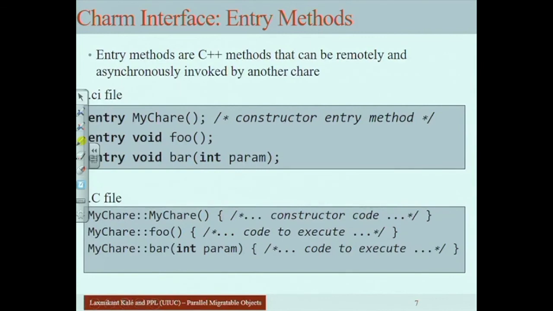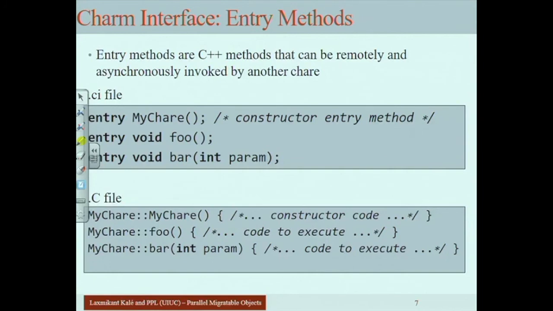Why is that? Based on what we said about the language, there is a reason why those return values are void that you can guess or talk about. Anyone? Yeah? Right, they are asynchronously invoked.